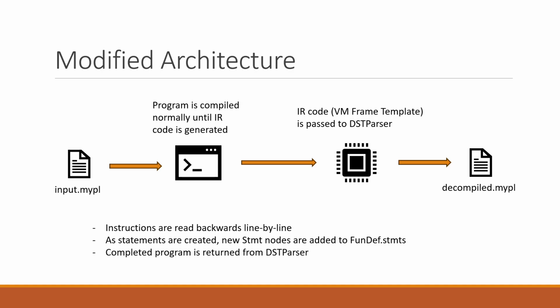Under the hood, this reads the instructions backwards, starting at the return statement, line by line. As these statements are created, they're put into new statement nodes that are then inserted into the statements list of the function definition.